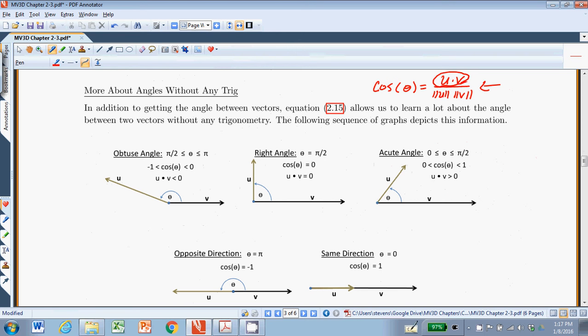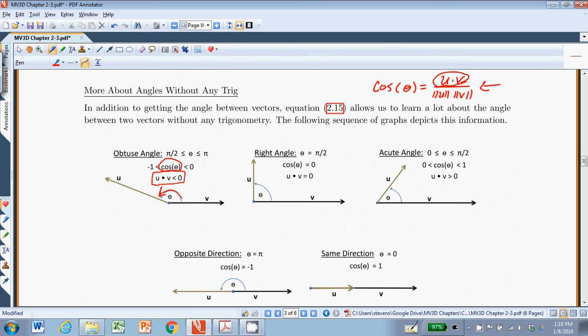So if u dot v is less than 0, that means the cosine of theta is less than 0. And so that means the angle between them is bigger than pi over 2. In other words, it's an obtuse angle.